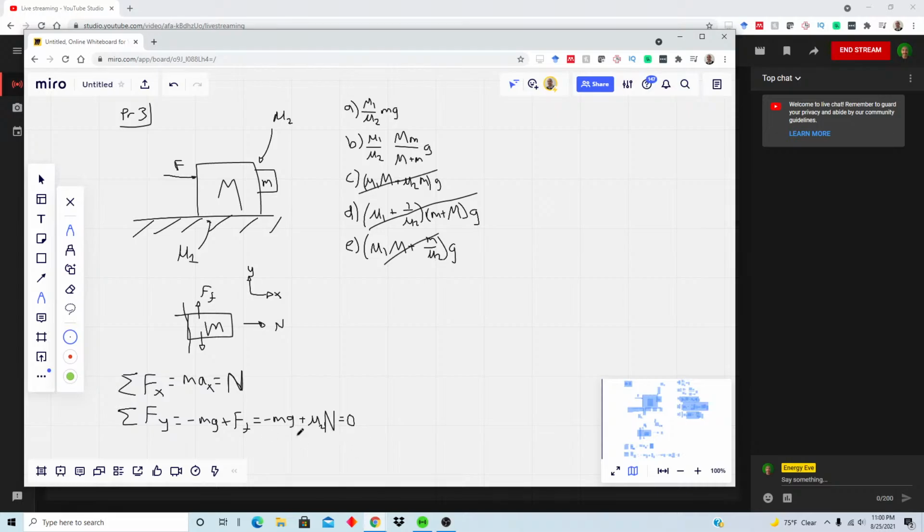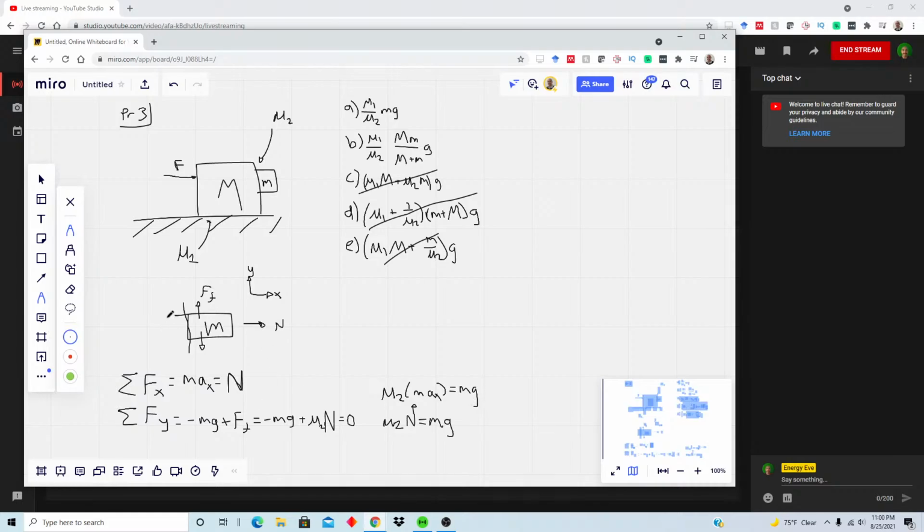Now we can set these two things equal to each other, and we have mu2 n equals mg. And we know that this acceleration ax is equal to this n. So we could then use mu2 going up here, and we'll have max. We just leave this for now.